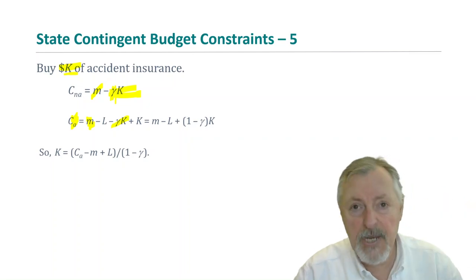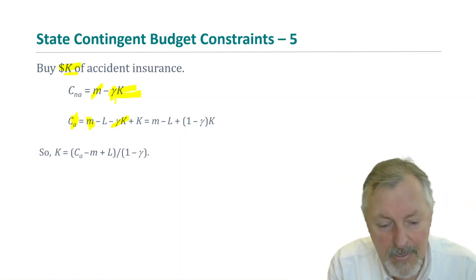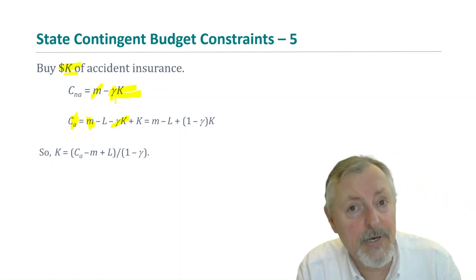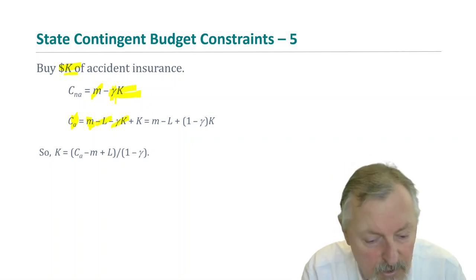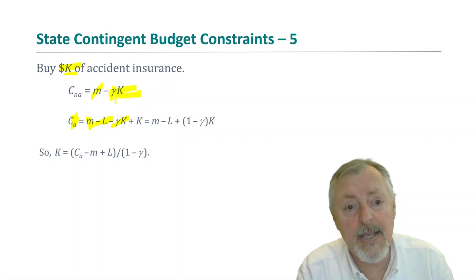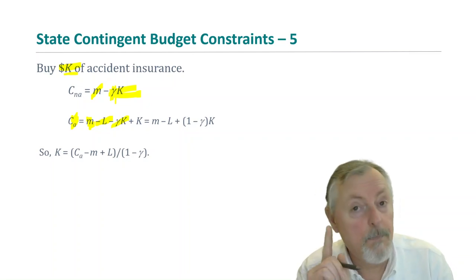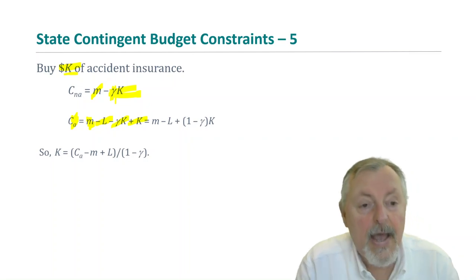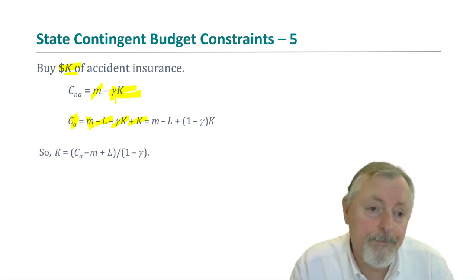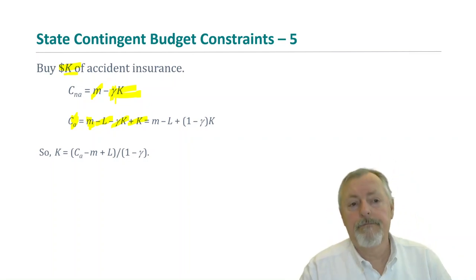So far, same as before, but this is the state of the world where there is an accident. You suffered a loss. So you take that amount, minus how much you lost in the accident. But you bought insurance, so you get plus however much insurance you bought.